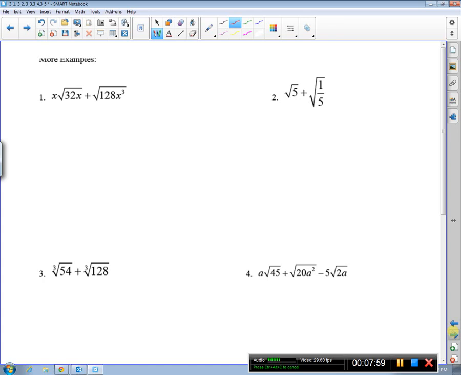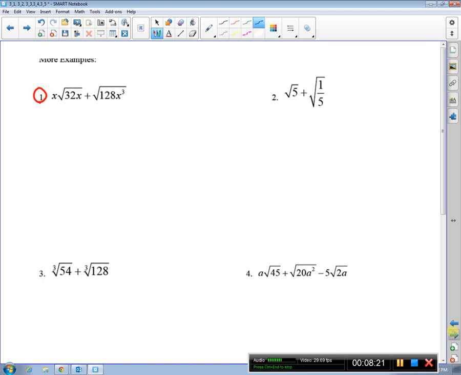So we have a bunch of examples here. Let's work through each one of them. Number 1, we want to simplify first and then determine if we have like radicals. So we're going to use a little bit of what we did yesterday.